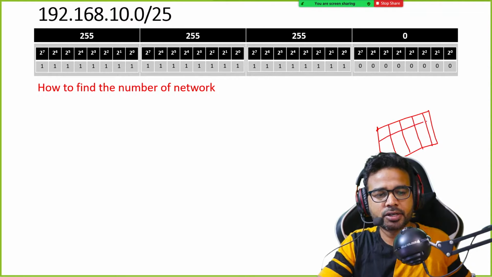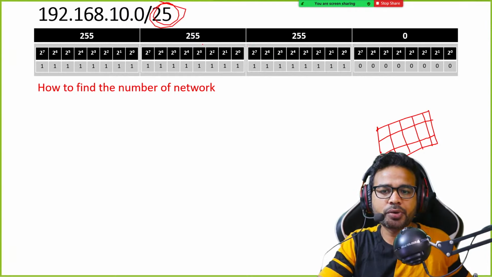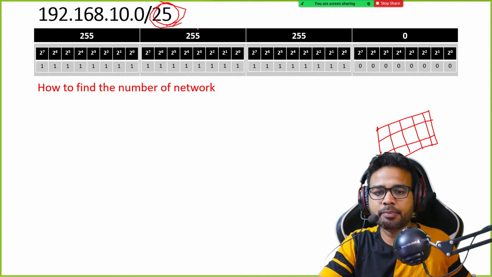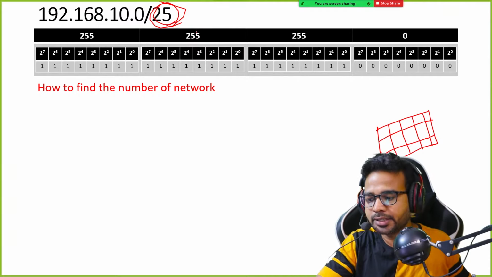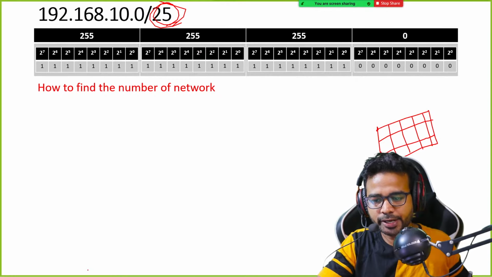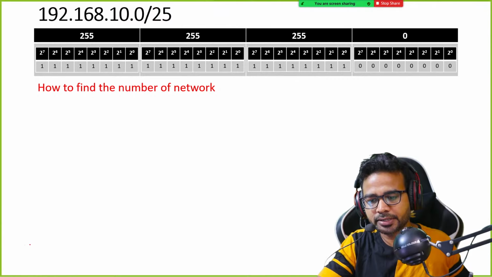So here we have done the subnetting; /25 we are able to see here, right? After doing the subnetting, how many networks will you get, and how many IP addresses will there be on each network? Now we have to find these things. Let me show you the easy option to find all of these things.